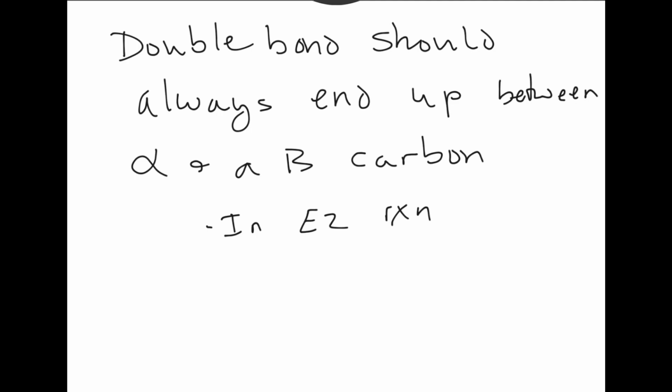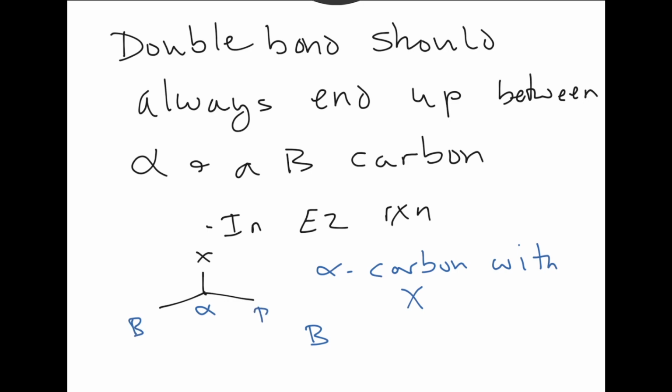Right? So just kind of what we did before, right? The carbon that has the halide, right, is alpha. And then the beta carbons are your carbons that are bonded to your alpha.